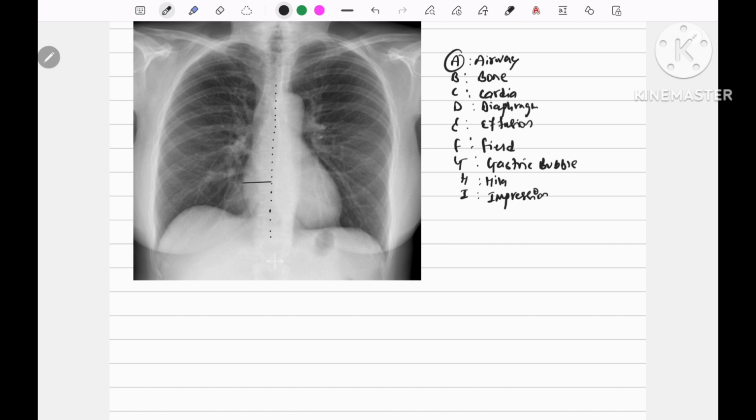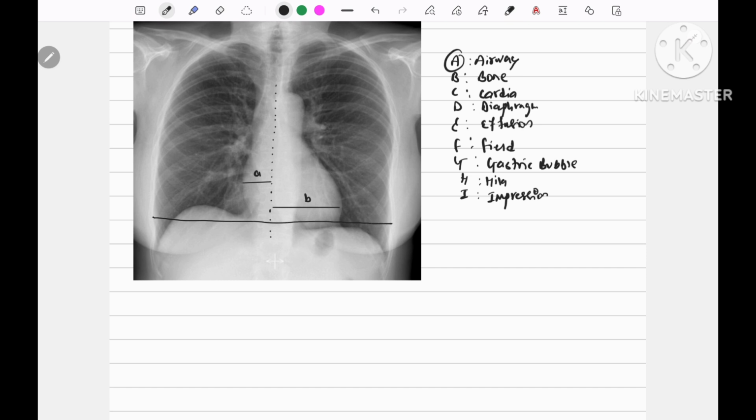So the maximum distance is here on the right, and on the left side the maximum distance is this. We will assume that this is A and this is B. Now we will take the maximum thorax diameter, and we will assume this as C.